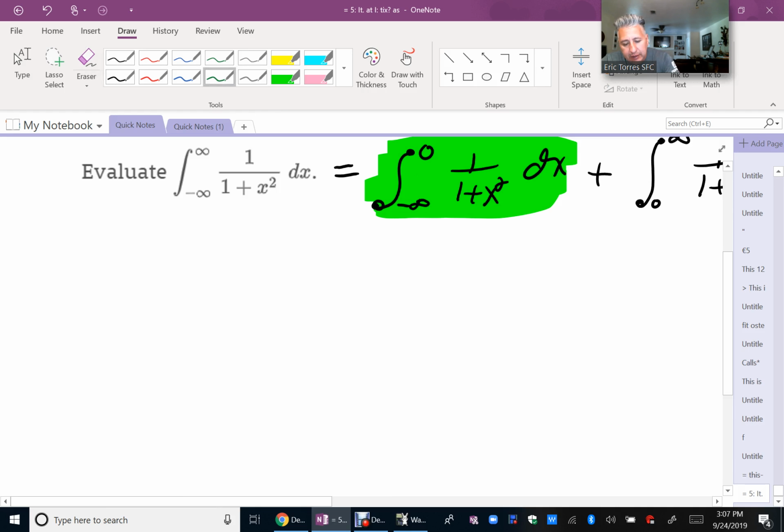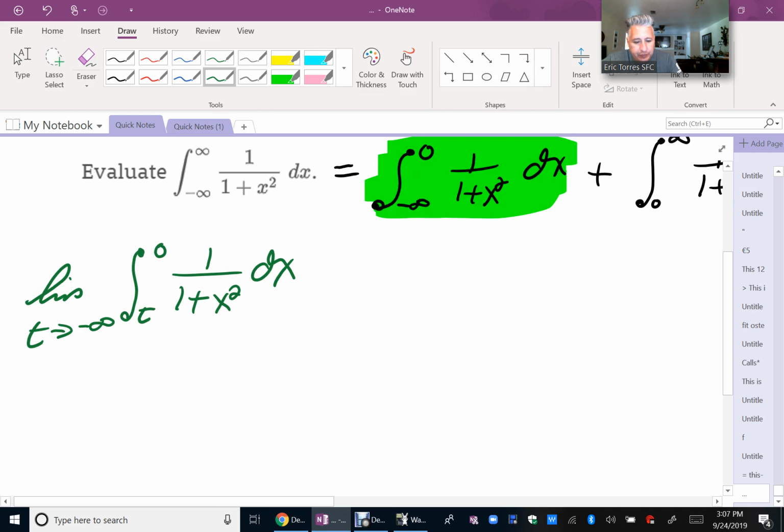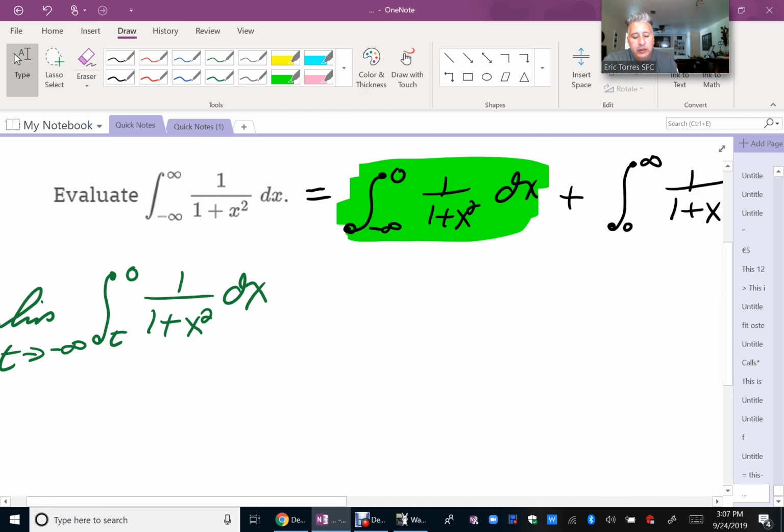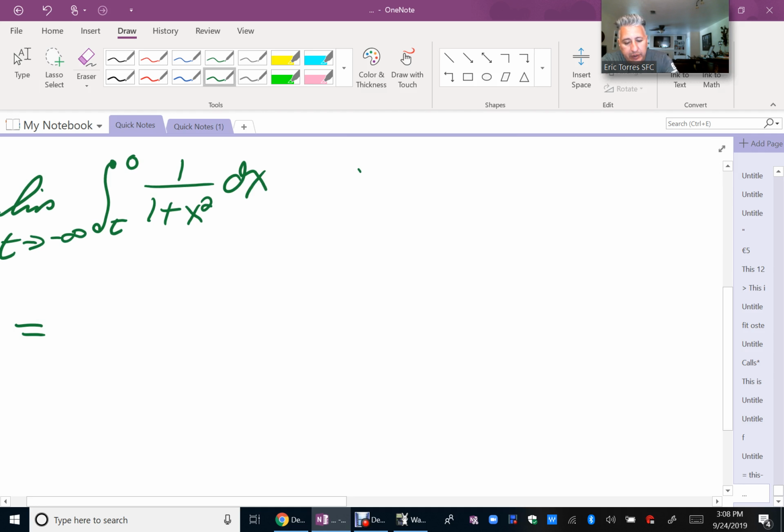Limit as t approaches negative infinity, and I'm going to go from t to 0 of 1 over 1 plus x squared dx. Now you should hopefully recognize this. The antiderivative of 1 over 1 plus x squared dx is the arctangent. Actually, I'm just going to work down instead of over. So I'll put equals here.